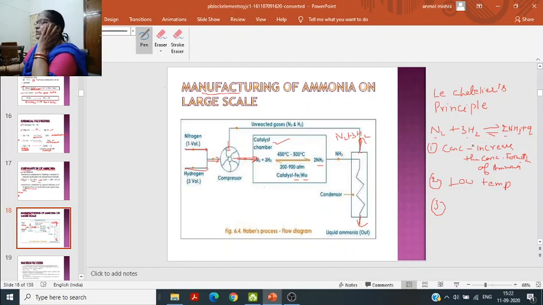So if you increase the pressure, formation of ammonia will be favored. And last is the catalyst. The catalyst here is iron, and the catalytic promoter is Mo.